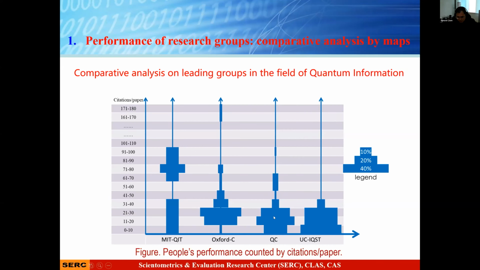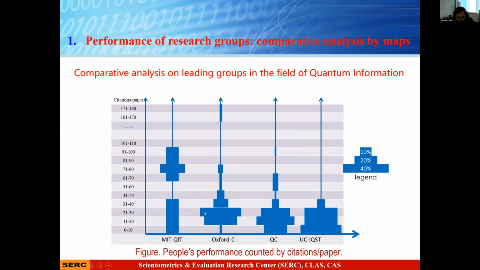But looking at this group, we can find the difference. The largest proportion of people have relatively lower citations per paper. So it's easy to make a comparison. We can find that at this Chinese group, most people have lower citations.